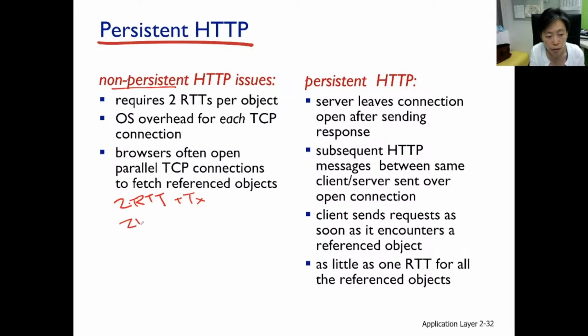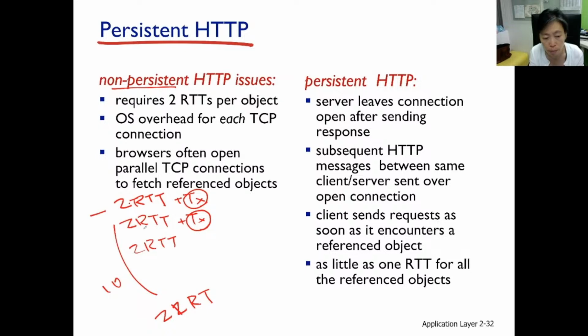For each of the 10 objects, we do more. Okay, so the transmission time might vary a little bit from object to object, but round trip times remain the same. Right, so there are 10 of these. So 22 round trip times: 10 of these plus this one over here, the base. And the sum of the transmission times, depending on which object it is, for all i.